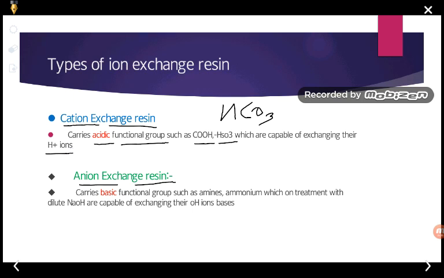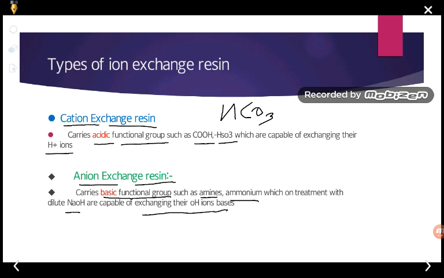But what are the anion exchange resins? They are just the opposite of the cation exchange resins. Anion exchange resins carry basic functional groups such as amines, ammonium compounds, phosphate compounds, which on treatment with dilute NaOH are capable of exchanging the OH ions.